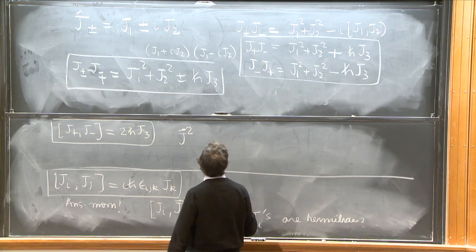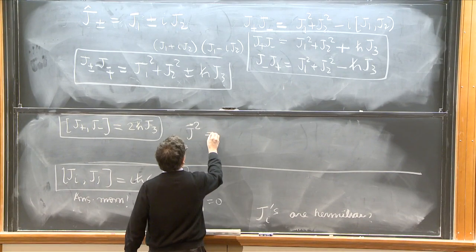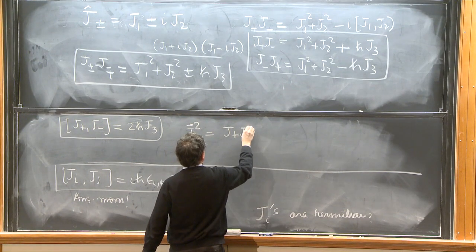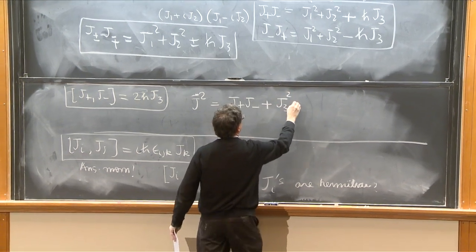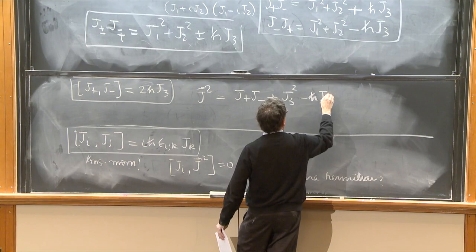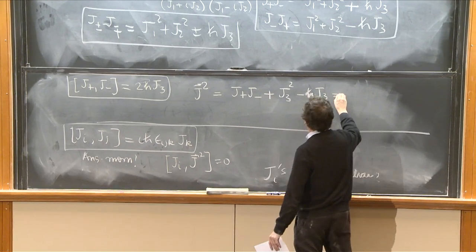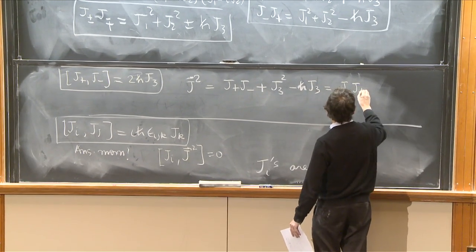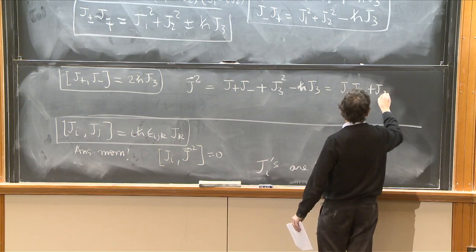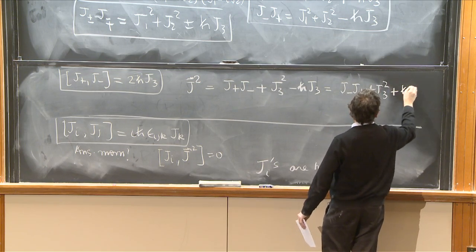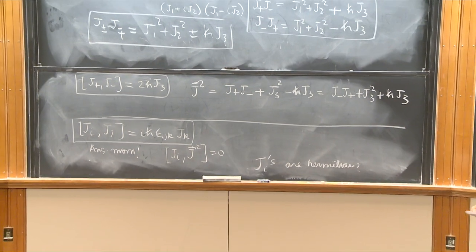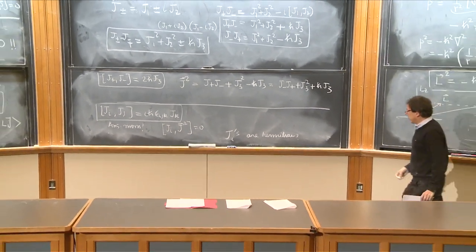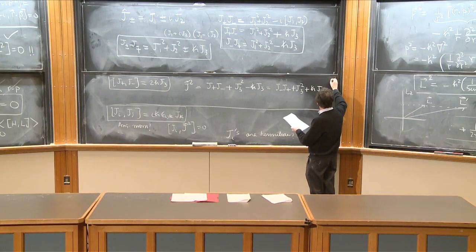So J squared would be J plus J minus plus J3 squared minus h bar J3, or J minus J plus plus J3 squared plus h bar J3. Okay, so that's J squared.